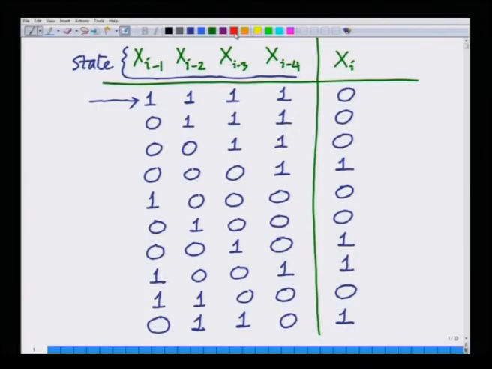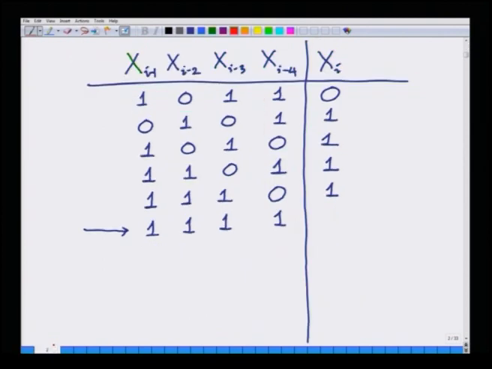Remember, we already said the output is nothing but xi minus 4. Hence the output sequence of this linear feedback shift register, which I am boxing over here, is this column of xi minus 4.